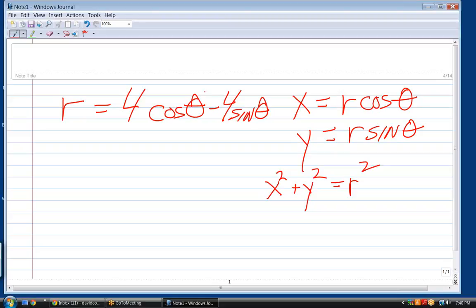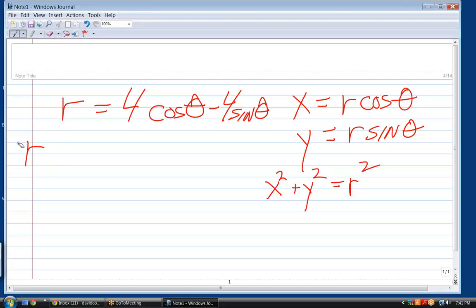Because one thing, we're going to end up with a cosine squared plus a sine squared, which we'll be able to turn into 1. And the other thing is we're going to end up with r squared, which will turn into x squared plus y squared. So let's try that. Let's square both sides. Excuse me.